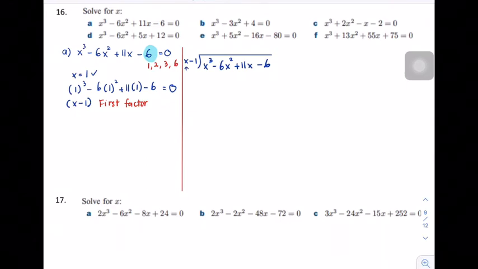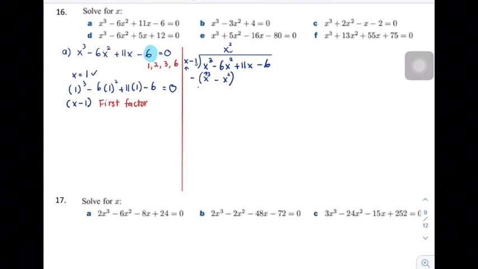Okay, so again, from x, we want it to become x cubed, we have to multiply by x squared. So x squared times x will be x cubed. And then x squared times negative 1, negative x squared.